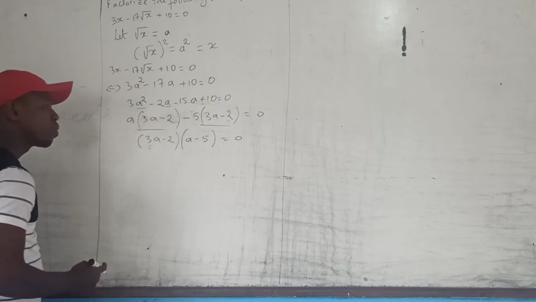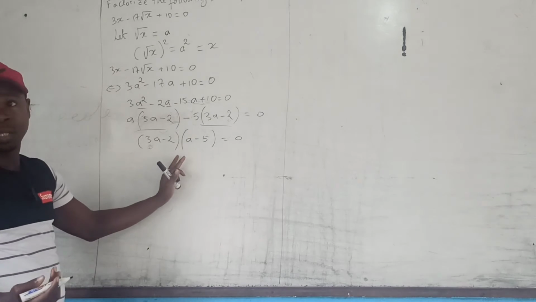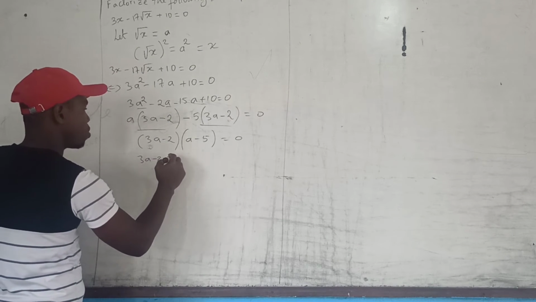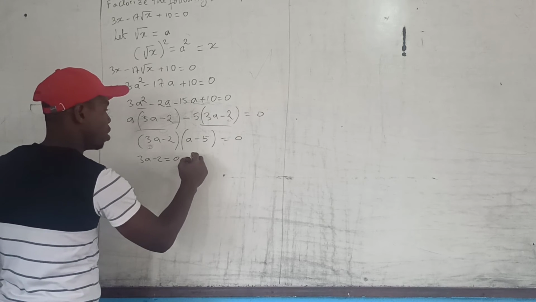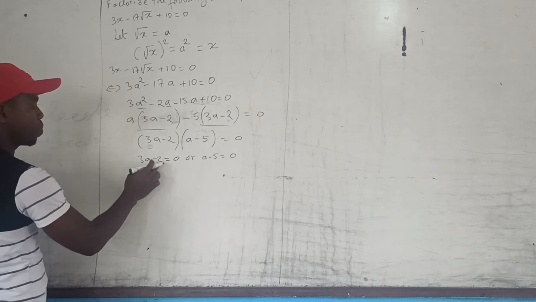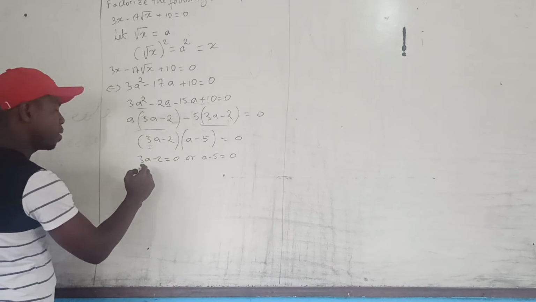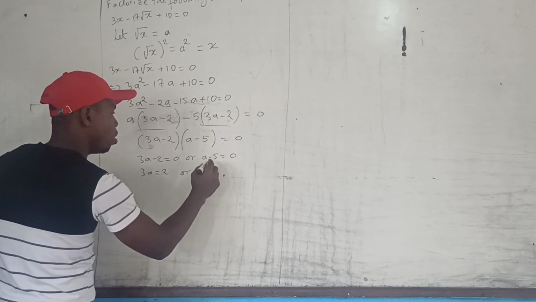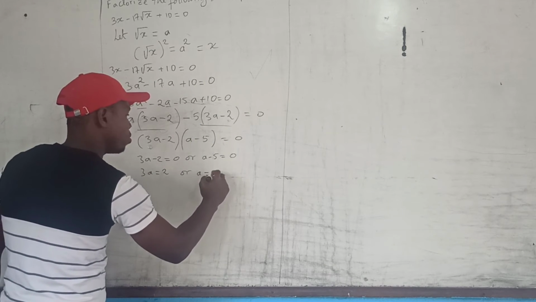So you now come to the factorization now. Now factorize it. Give us 3a minus 2 equal to 0, or a minus 5 equal to 0. Bring these 2 in the side. Give us 3a equal to 2, or a equal to 5.